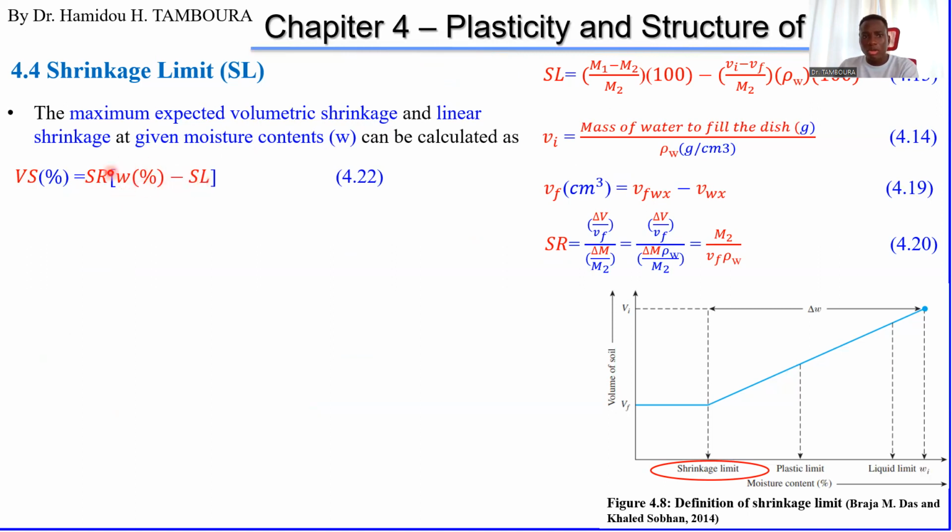So any water content you have, just replace it here and minus the shrinkage limit. You will obtain the maximum expected volumetric shrinkage.